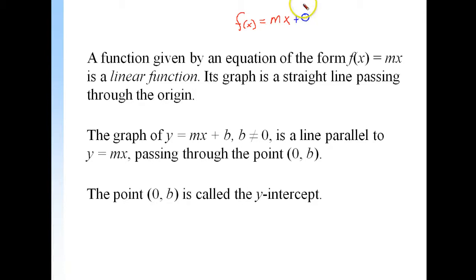That would be the letter B normally there. But if it's not there, it's a 0. That means it's going through the origin, 0, 0. And again, for this function part, we could always substitute a y.